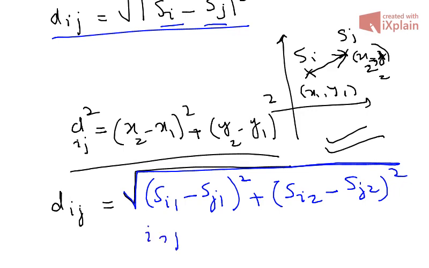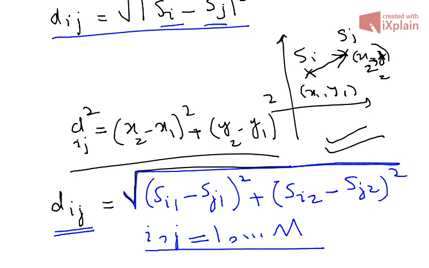And what is ij? ij is from 1 to n. So for M-ary QAM symbols, we have ij from 1 to capital M. So this is the expression for Euclidean distance between the signal points.